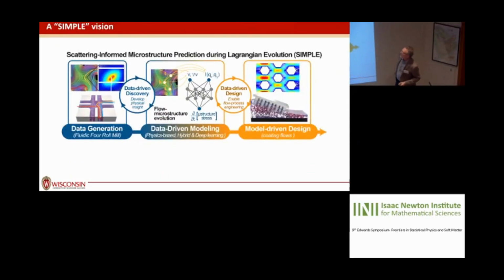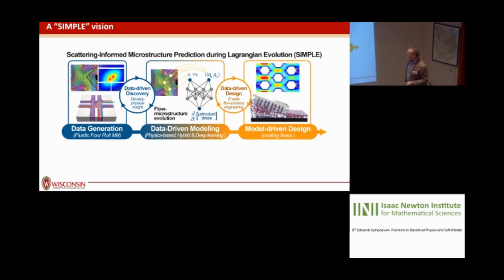And so this is the kind of thing you put in a proposal for this work. So Matt actually came up with this name, Scattering Informed Microstructure Prediction During Lagrangian Evolution, or SIMPLE.